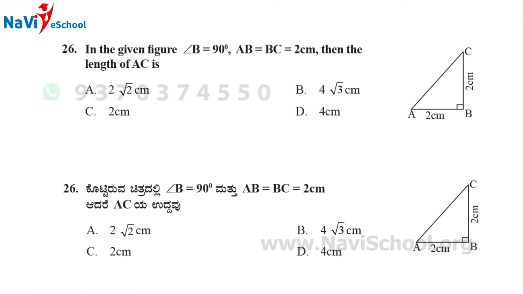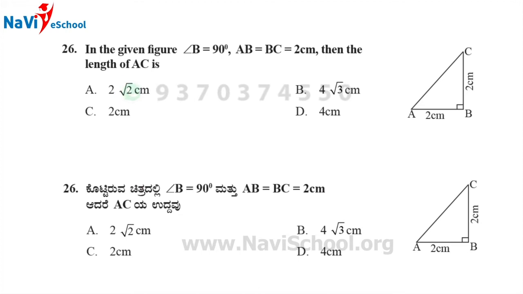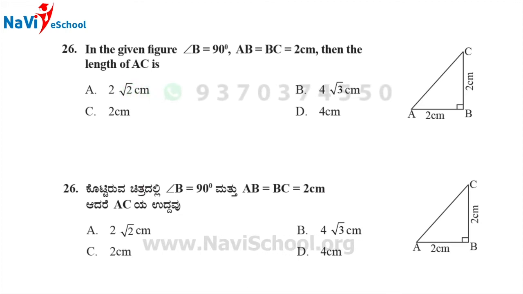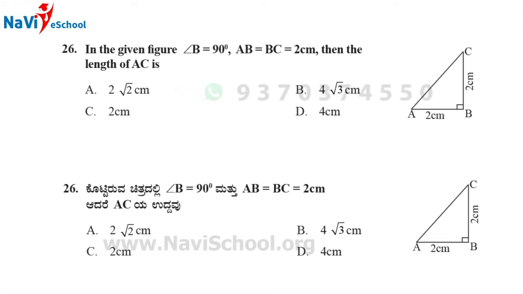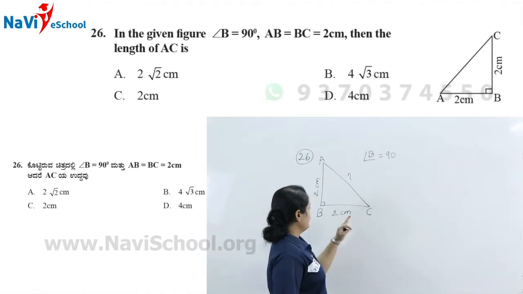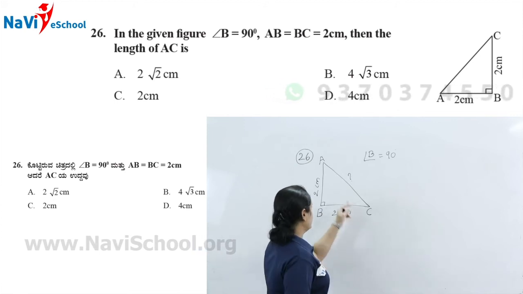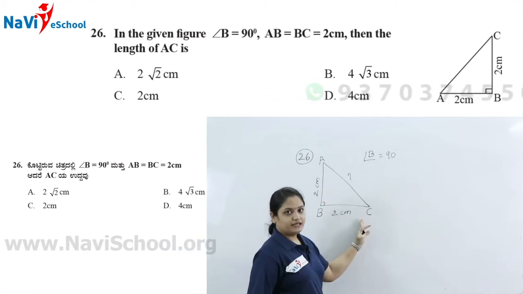In the given figure, angle B is equal to 90 degrees, AB is equal to BC is equal to 2 centimeter. Then the length of AC is option A 2 root 2 centimeter, B 4 root 3 centimeter, option C 2 centimeter, option D 4 centimeter. See here, they have already given you a triangle, that is ABC.